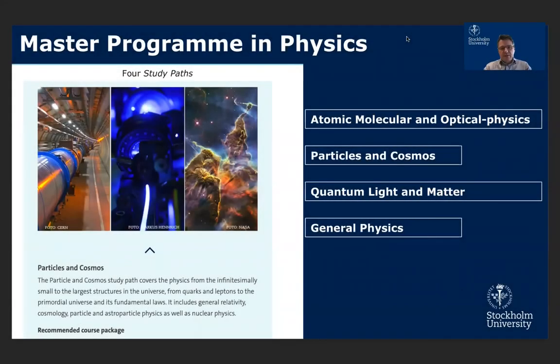Our third program is the Master Program in Physics. The Master Program in Physics is subdivided into 4 tracks: atomic, molecular, and optical physics, particles and cosmos, quantum light and matter, and general physics.